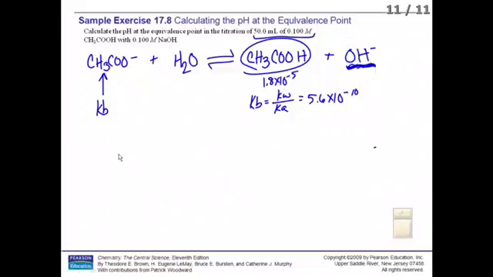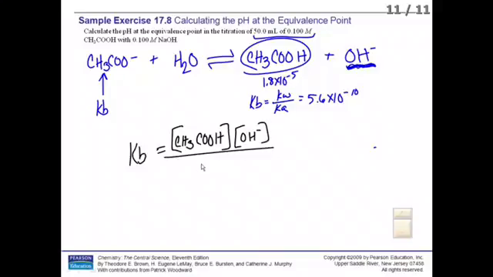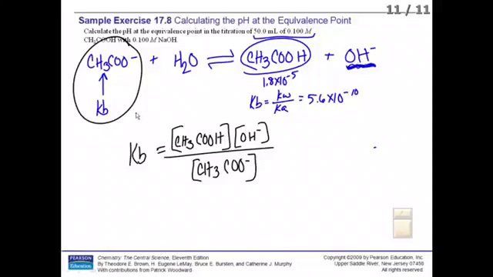Kb will look like the acid, CH3COOH, look at your products. We need the concentration of this, and the OH ion concentration, and then the CH3COO ion. From the reaction, we know this one should be 0.0500.